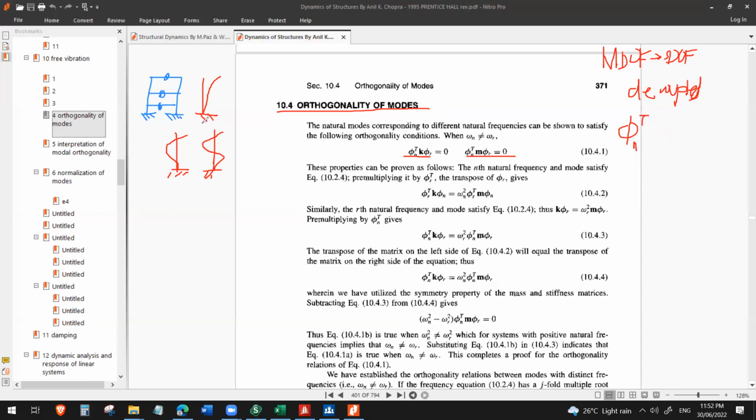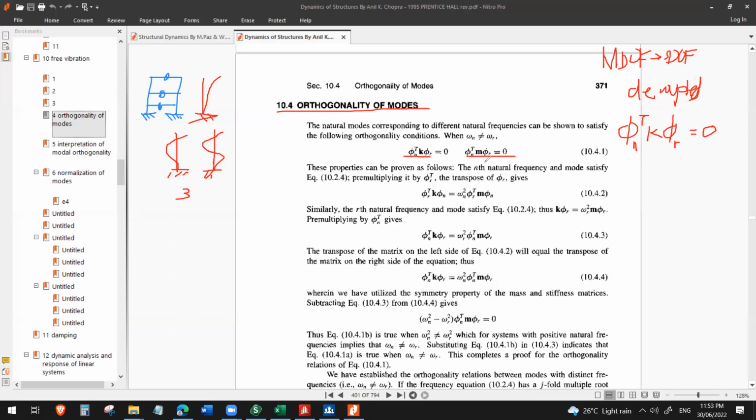For example, how many modes do we have here? We have three modes. So for example, the transpose of the eigenvector of mode 1, multiplied by the stiffness matrix, then multiplied by the eigenvector of mode 2, for example, the r-th mode, meaning they are different. That will be equal to 0.